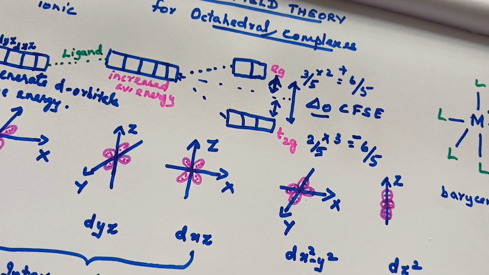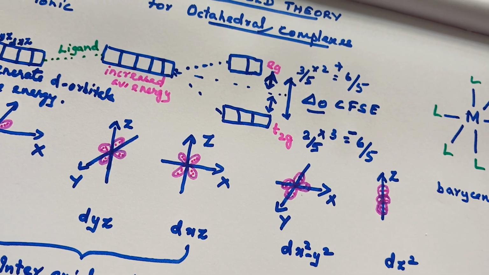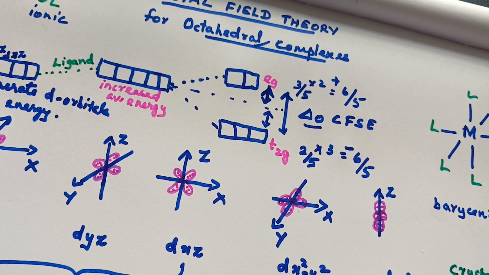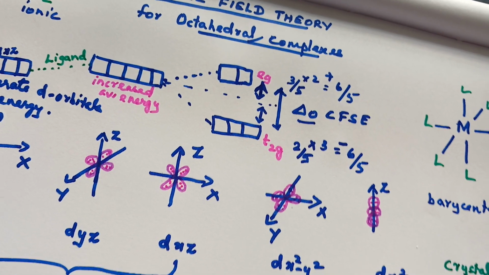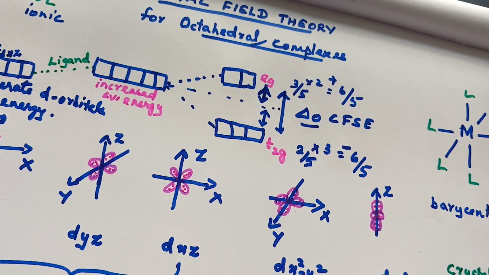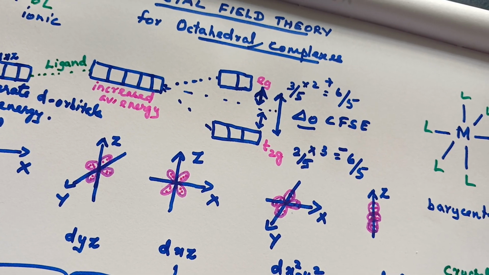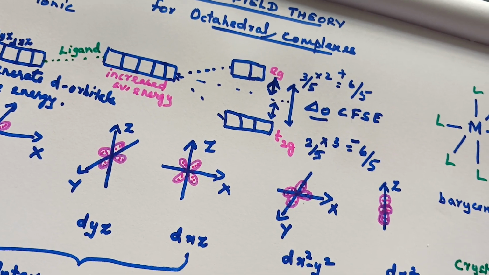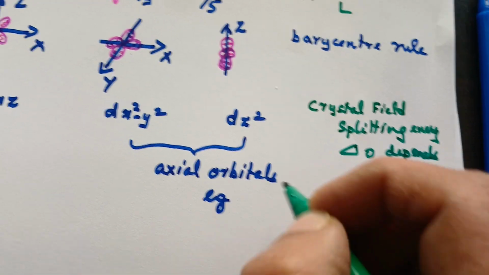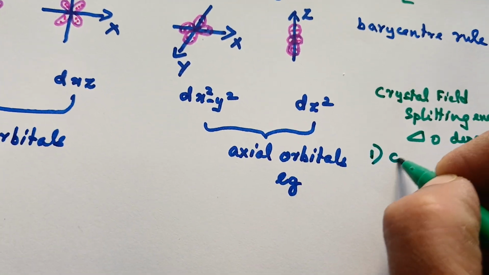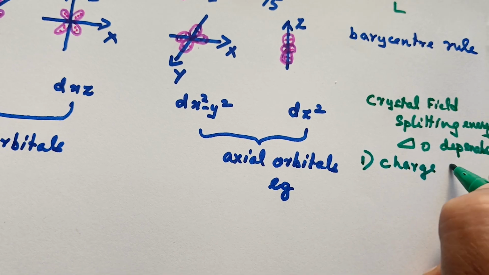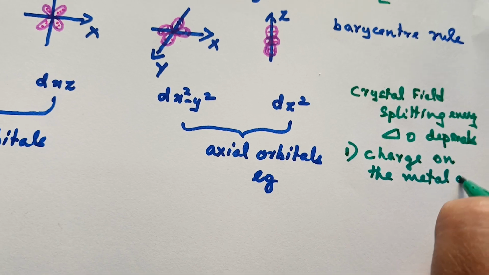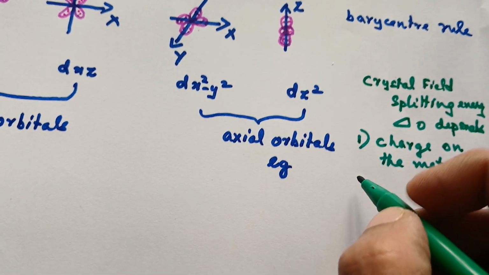One is the charge on the central metal atom, that is the number of electrons present in it.